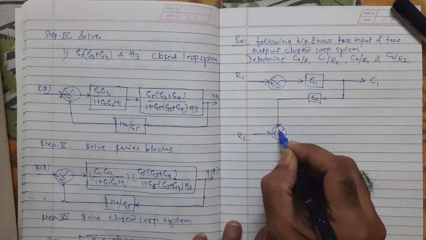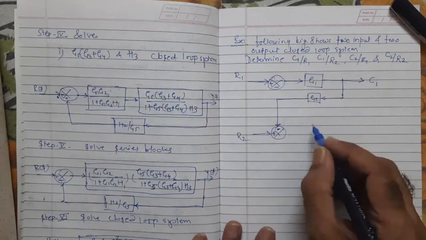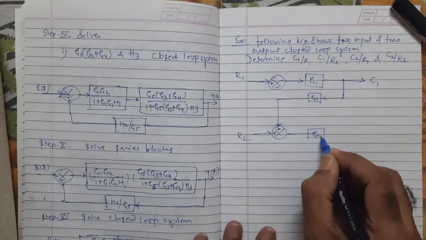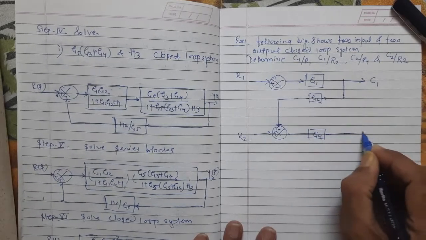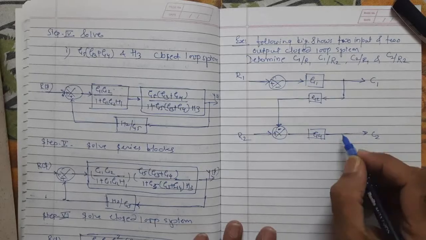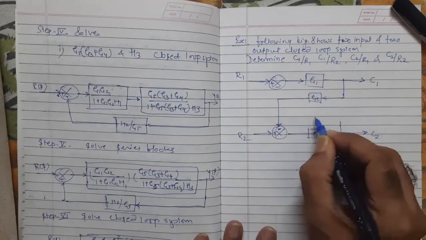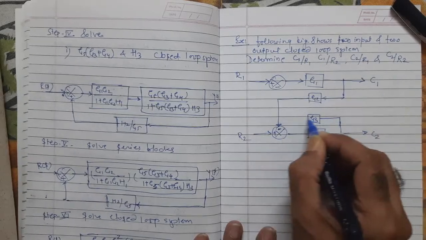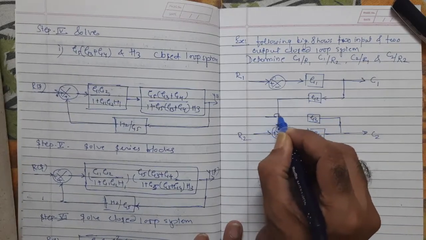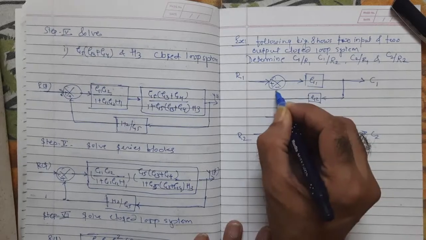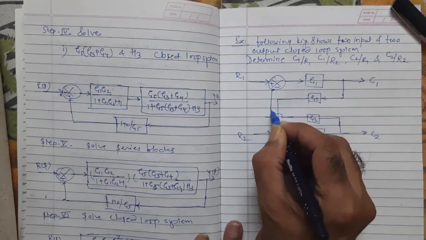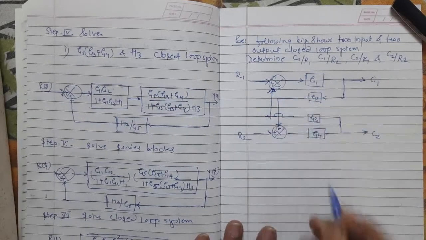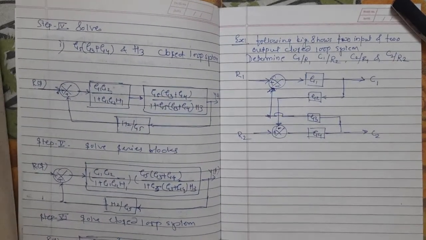This is negative, and here it is G4 and here is C2, and from this one here it is G3, and from this G3 it is connected over here.